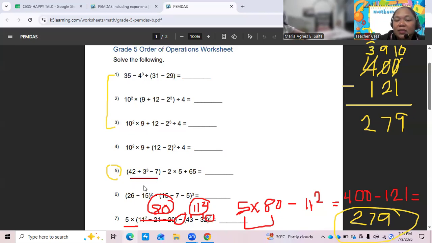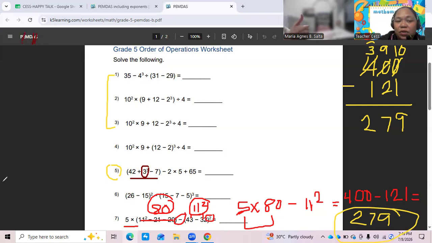Actually, in this number, 42 plus 3 raised to 3, minus 7, the first operation is the exponent. E comes before addition and subtraction, right?